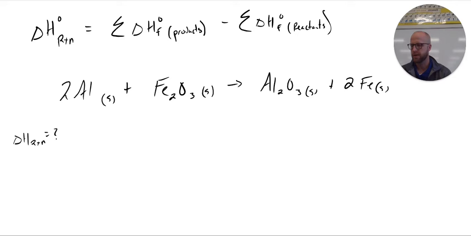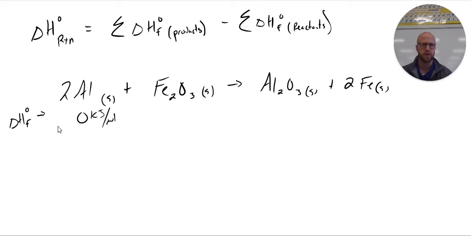All right? So first off, the delta H of formation for, and I'll just write them up. Here, let me do this. Set this up a little better. Let's do the delta H of formations right under here. So aluminum in its elemental form, its delta H of formation is 0 kilojoules per mole. Why do I know that? That's our 0 state. Remember, that's our reference. We're going to say elements have a delta H of formation of 0. Okay?